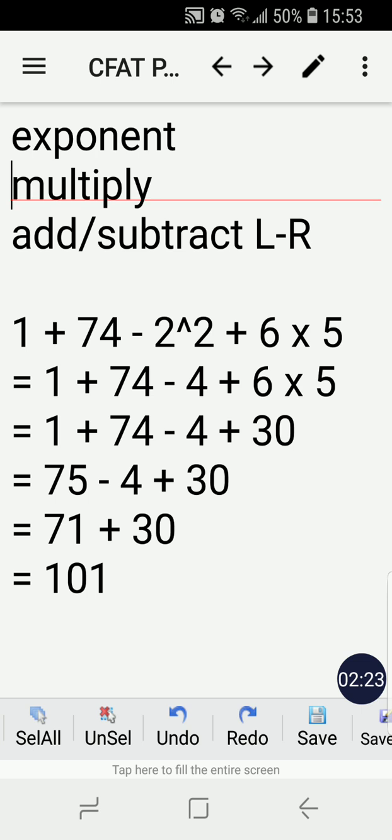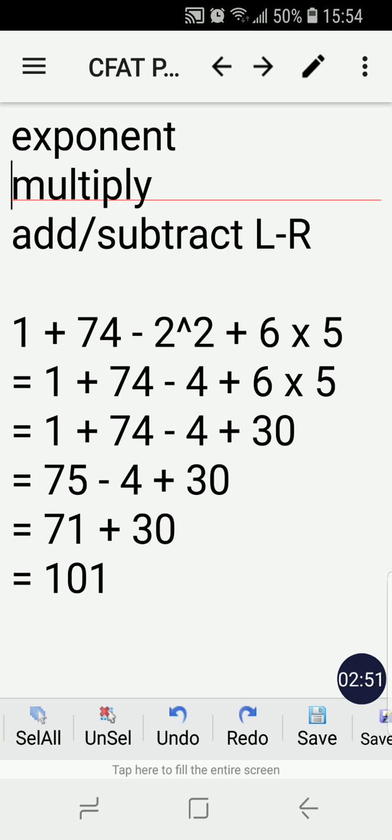Then the next is to multiply. So we notice that 6 times 5 is the multiply operation at the end. So then we have 1 plus 74 minus 4 plus 30. I just copied 1 plus 74 minus 4. The only thing that happens is I multiplied 6 times 5 is equal to 30.